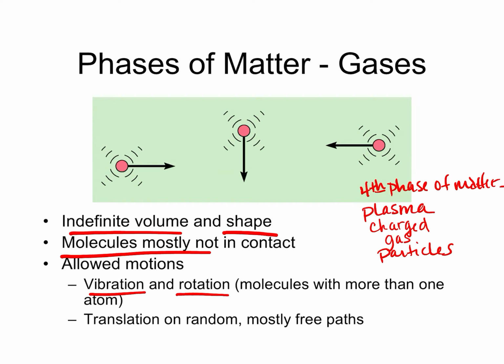It's electrical. It's the most common phase in the universe. It's found in our stars and things like that, but it's not as much here on Earth. So I do want to point out that plasma is actually a phase all to itself. And it does show up here in a little bit.